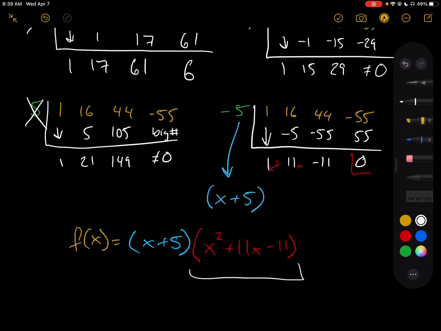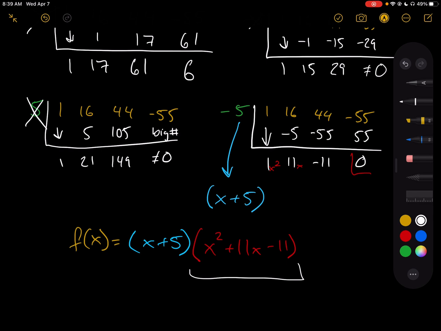However, x squared plus 11x minus 11 isn't going to factor, so we can try all of the rest of the numbers from the list and it's not going to work. When that happens, that means that the only way to break up this red polynomial is to break it up into either irrational roots or imaginary roots.